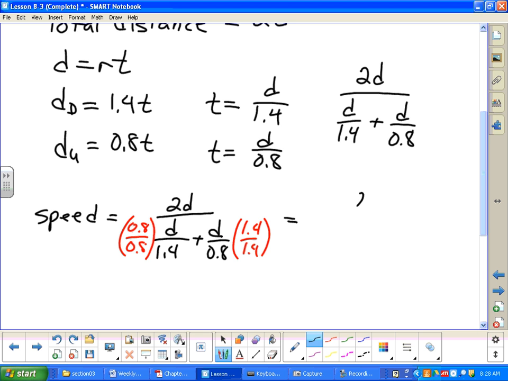So we have 2d divided by 0.8d plus 1.4d over. And what's 1.4 times 0.8? Okay, 1.12.